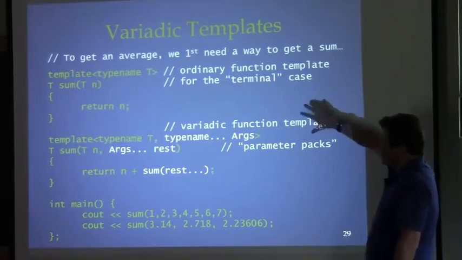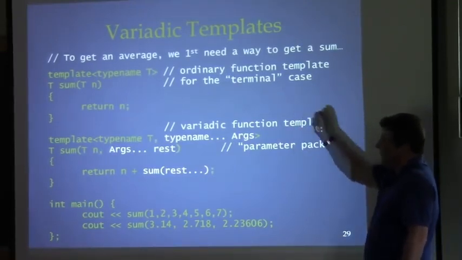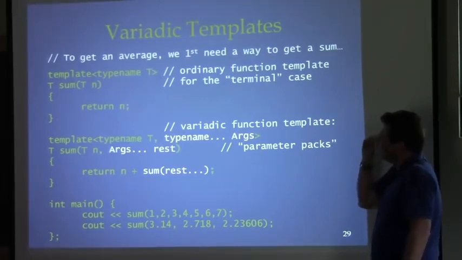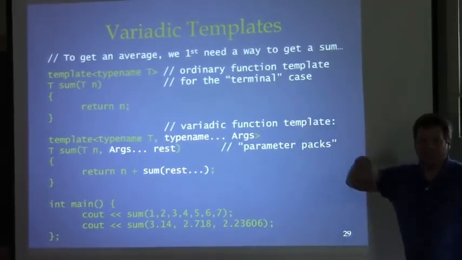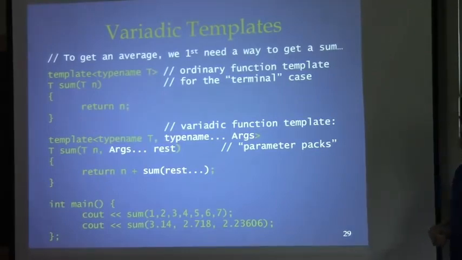So variadic templates are a recursive mechanism. Right? So anytime you have a recursive algorithm, you have the general case and the terminal case, right? So if you're going to compute Fibonacci recursively, you know the value of the first and the second Fibonacci, and then each one after that is based on a formula involving the ones before it.